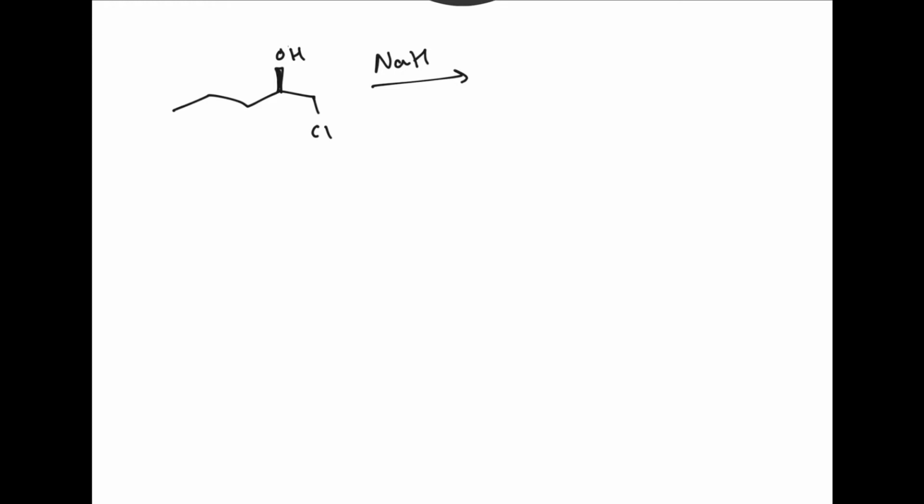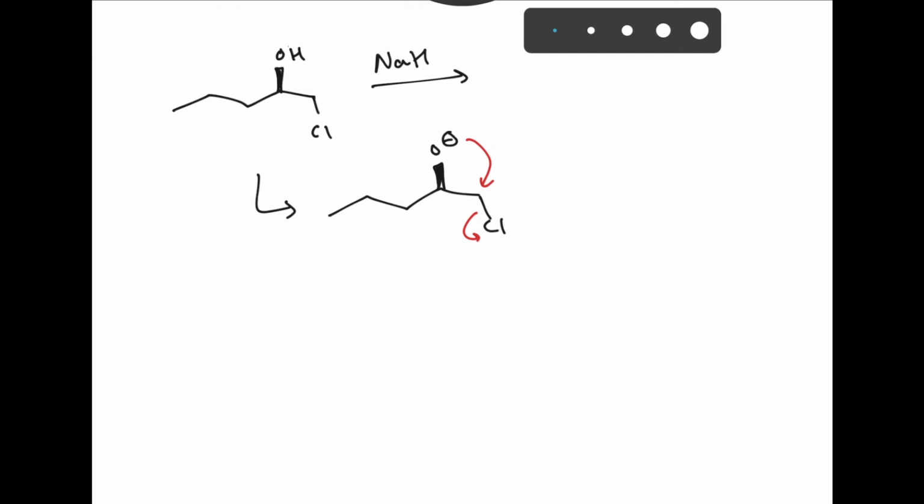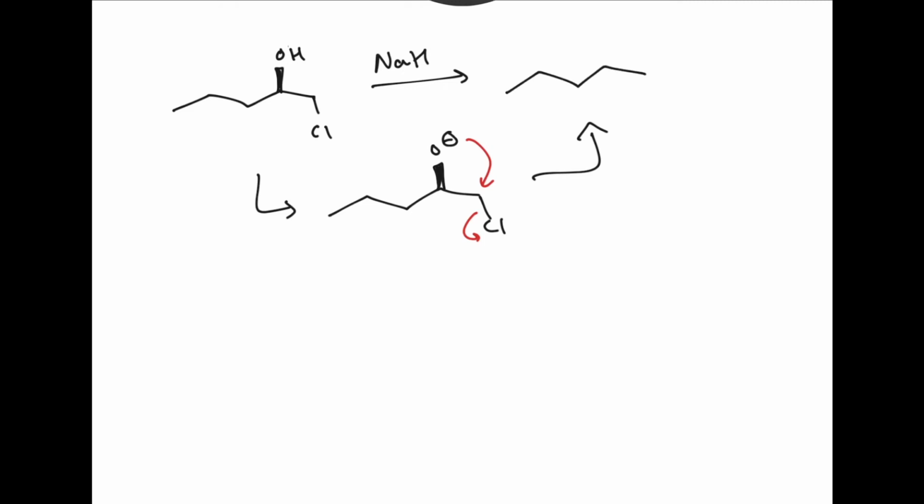I'm not doing anything to the carbon-oxygen bond. All I'm doing is removing the hydrogen to make an O-. So my epoxide is going to keep the stereochemistry that the oxygen had initially, because nothing happened to that carbon-oxygen bond.